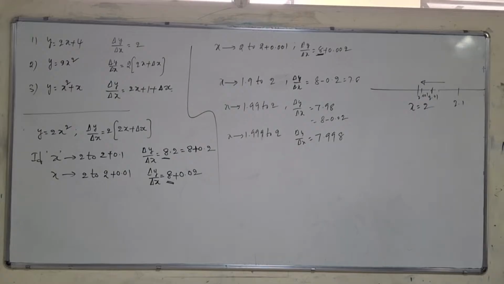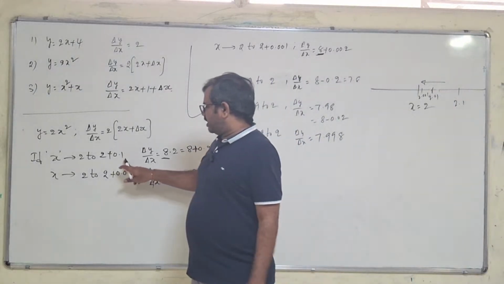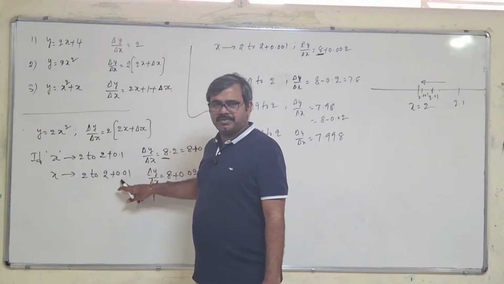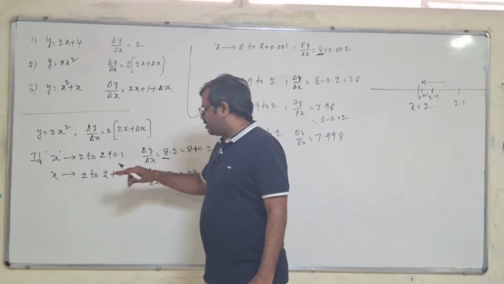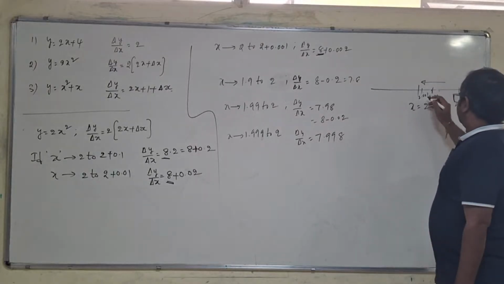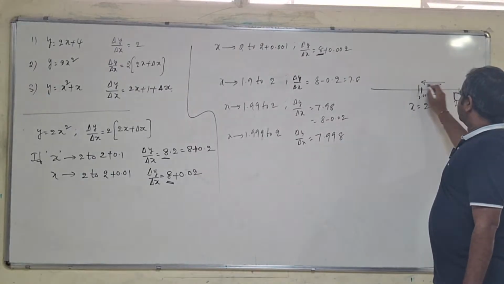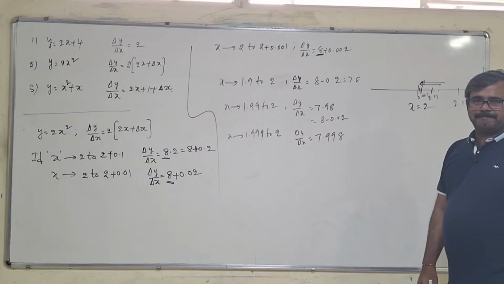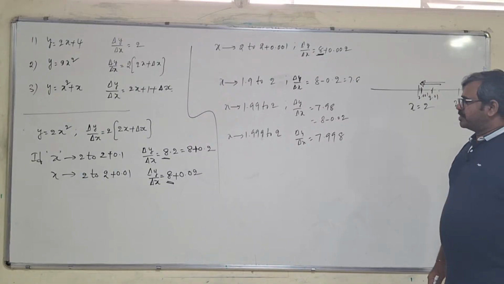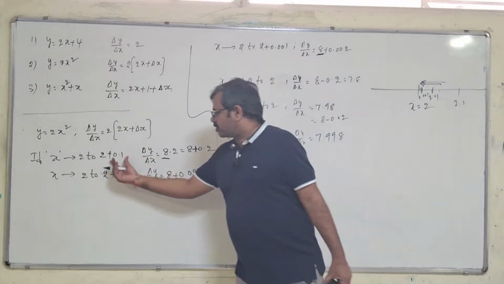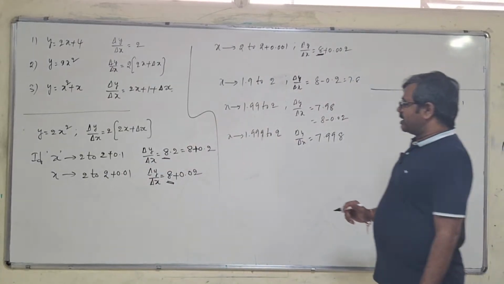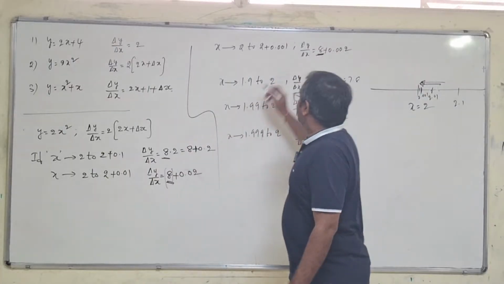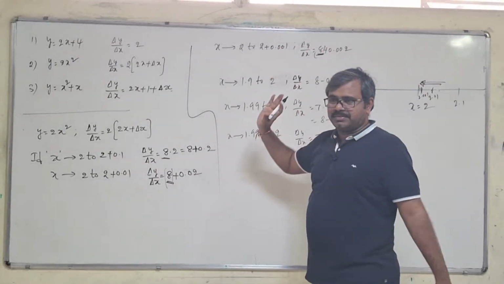So as x approaches 2, the interval becoming smaller and smaller means delta x is becoming smaller and smaller, which means x is approaching 2. So around x is equal to 2, as delta x becomes smaller and smaller, delta y by delta x approaches which number? 8. You understand this?